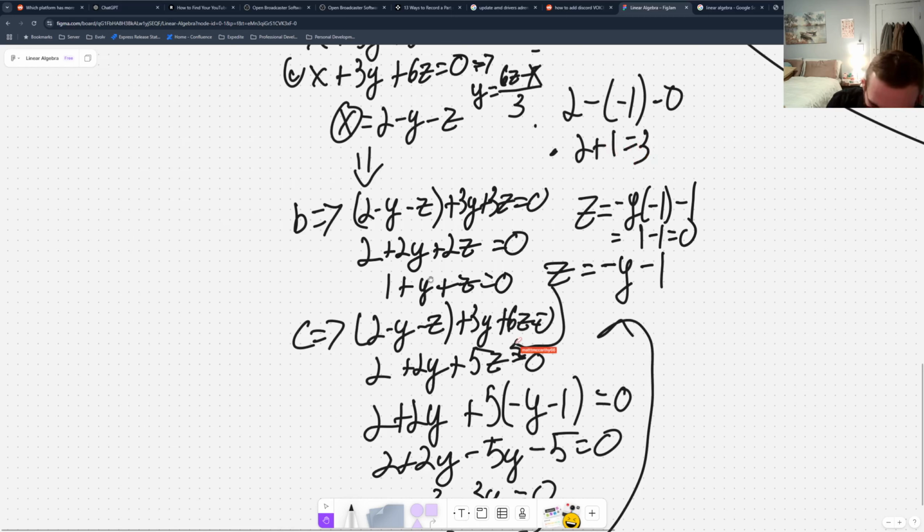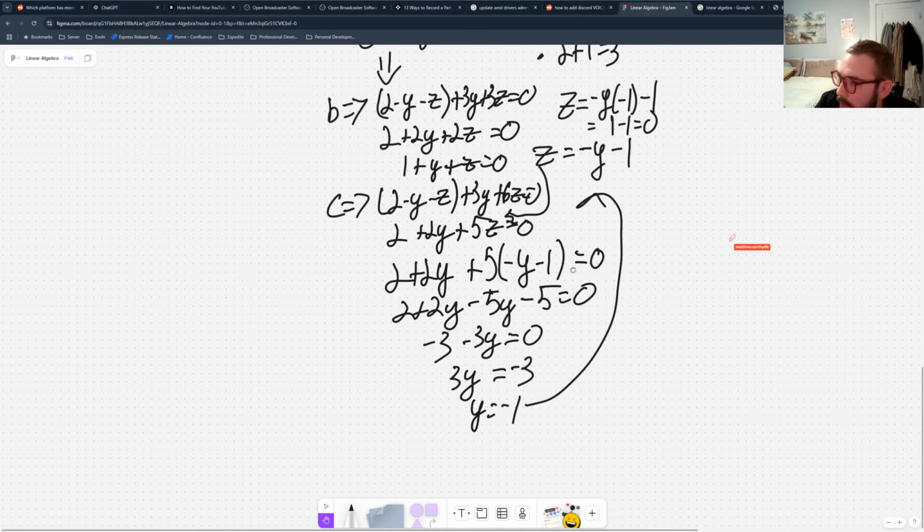And then we could say 3 plus negative 1 plus 0 equals 2. We checked it, and we could check the rest of them. Okay, so that would be the way that we would solve it before. Took me a second to get there, because I haven't done that in a while.